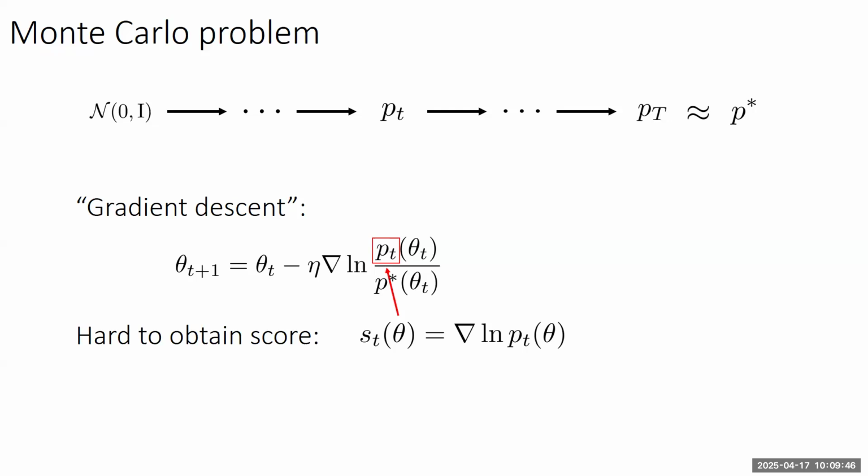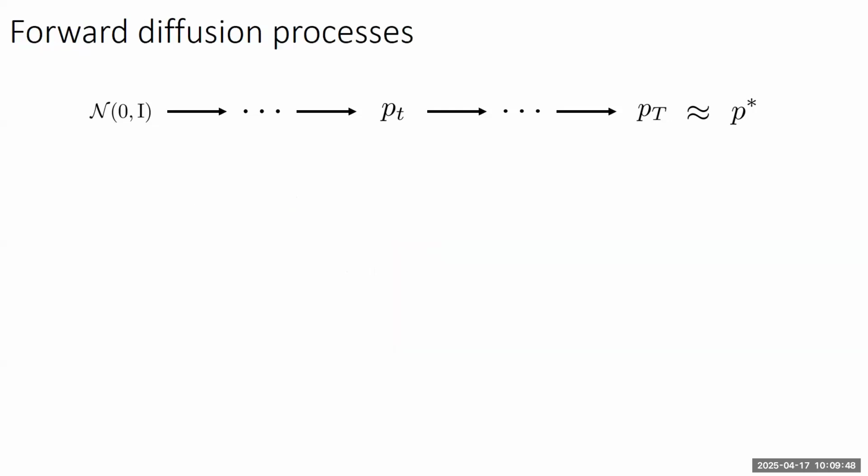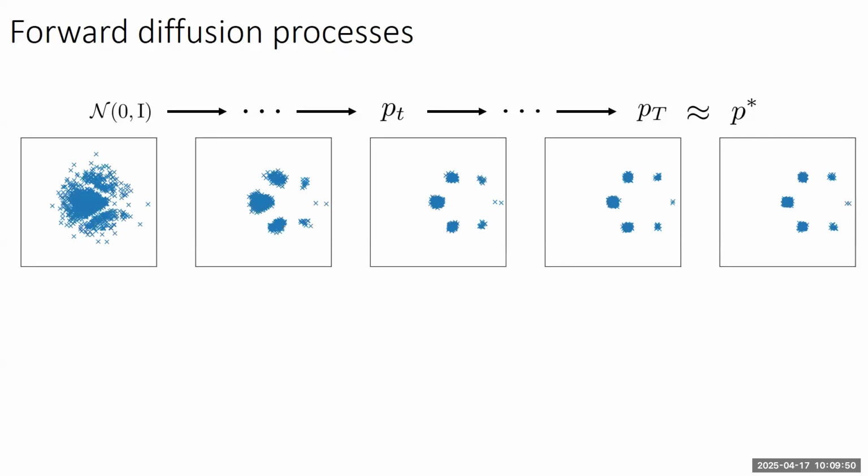The reason is the following. If we follow this forward process, let's say we initialize from a standard normal, and the target is a mixture of Gaussian distributions with even mixtures, what happens to the intermediary distribution is the following. It has all those complicated structures arising from this transition process.